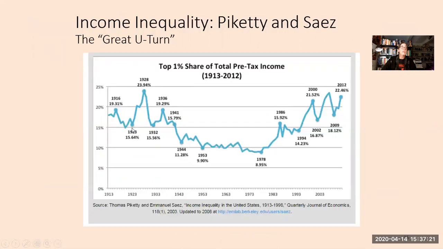Piketty and Saez, this chart we looked at, remember Piketty said the main driver of inequality was the difference in the returns you got from investing your money in stock or loaning it by buying bonds, for instance, and what one got through working for wages.